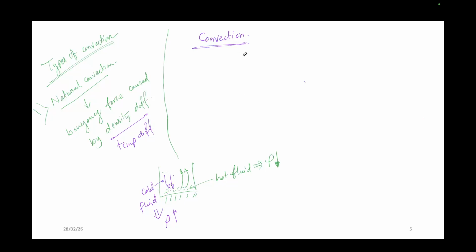So now we will be starting with forced convection.